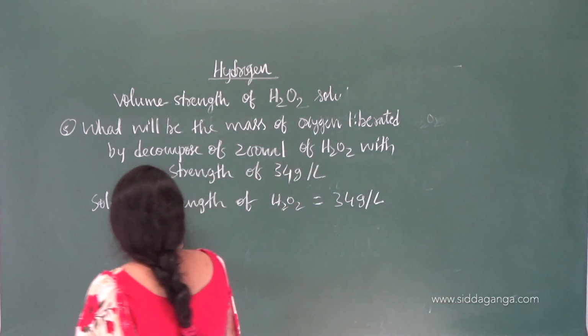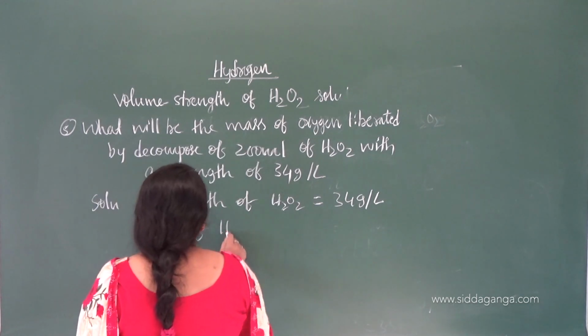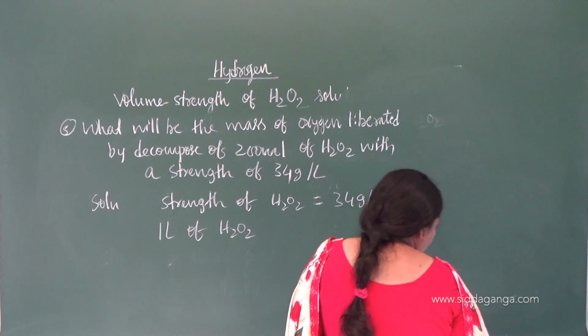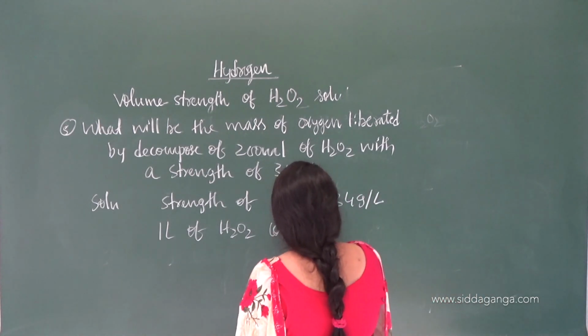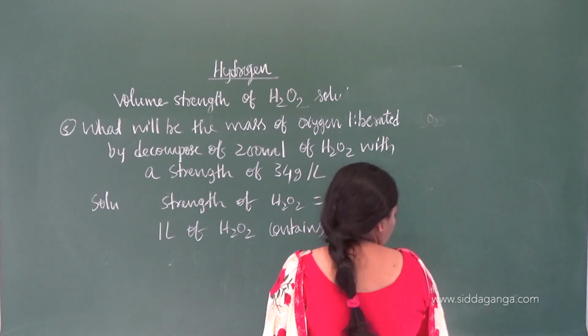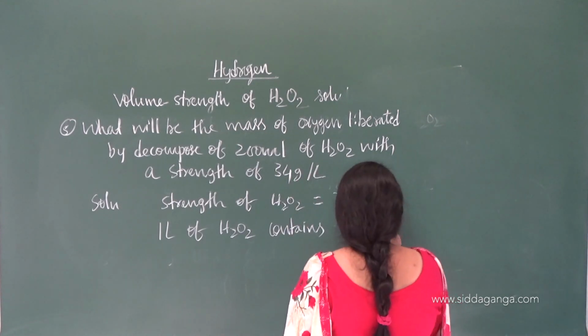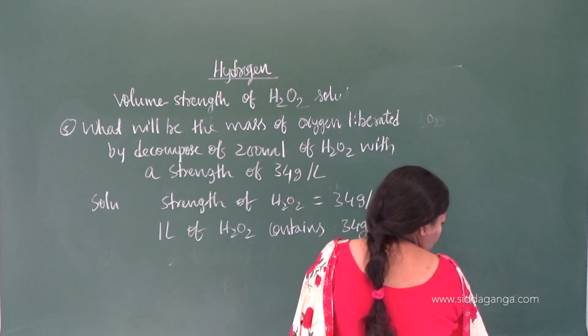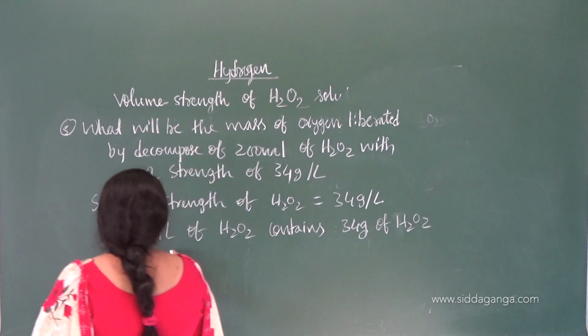So 1 liter of H2O2 contains, what is the meaning of this? 1 liter of H2O2 contains 34 grams of H2O2.